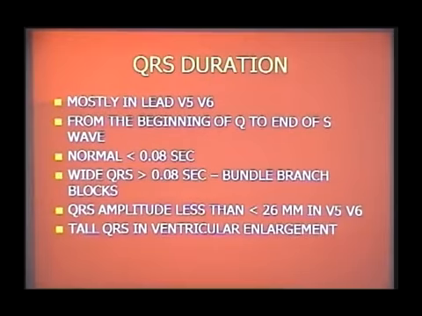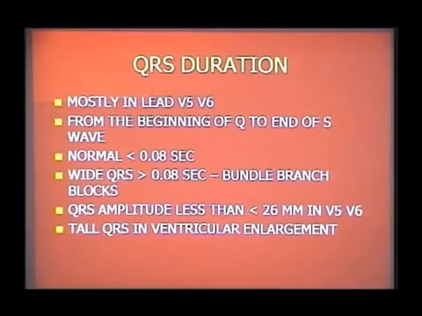For QRS, you have to remember the number 0.08 second. 0.08 second is the normal duration of QRS. So millions of cardiomyocytes are depolarized within 0.08 second, because your Purkinje fibers are conducting impulses at the speed of 4000 millimeters per second.